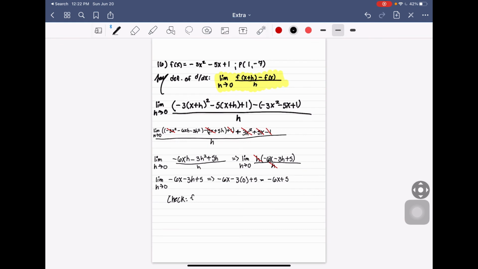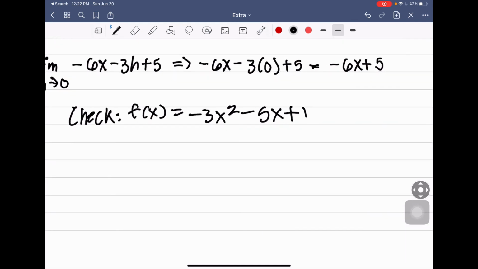So, f of x is equal to negative 3x squared minus 5x plus 1. Okay, so we're going to check it using the power rule here because there's no multiplication or division to use the quotient rule. So that says we multiply the exponent by the coefficient, and then we subtract the exponent by 1.